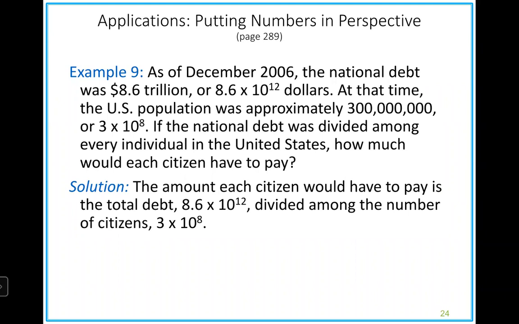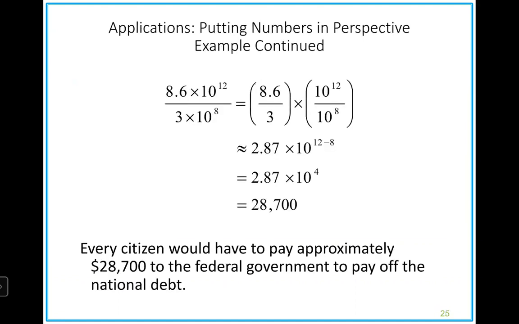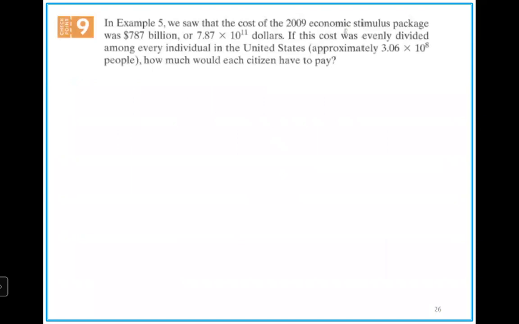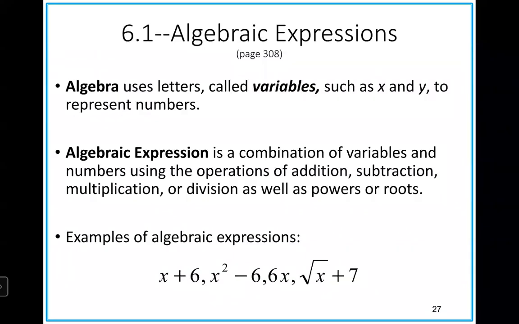So they divided the national debt by the population, and the working is shown here. You can look at that when I send the sheet to you. I'm going to skip this checkpoint because I want us to move on to the next section, which is algebra.